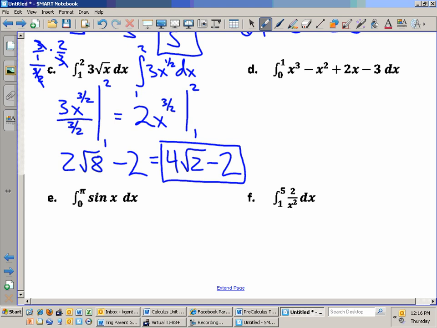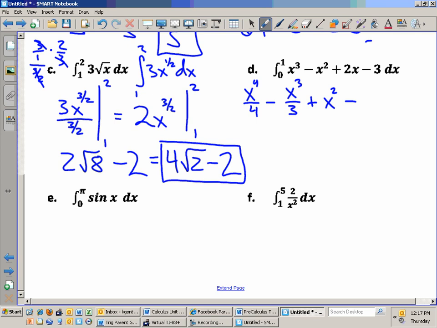So I'm going to take the antiderivative of, what's the antiderivative of x to the 3rd? X to the 4th over 4. Minus x to the 3rd over 3. Plus x squared, minus 3x.